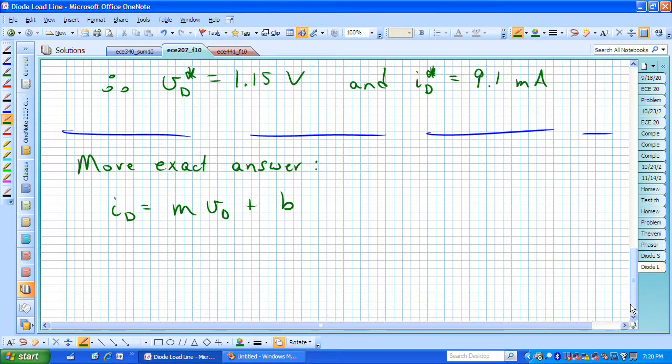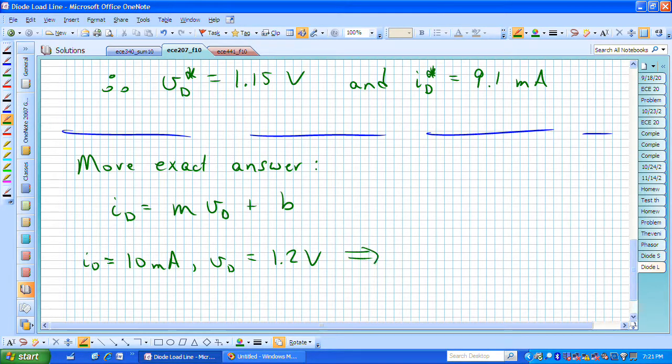And we can identify 2 points on that curve. We know that when I sub d is equal to 10 milliamps, V sub d is equal to 1.2 volts.